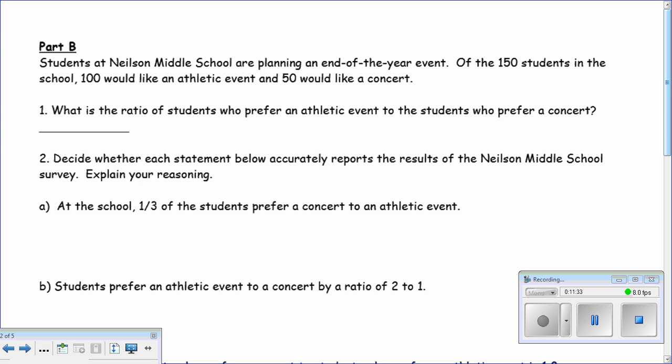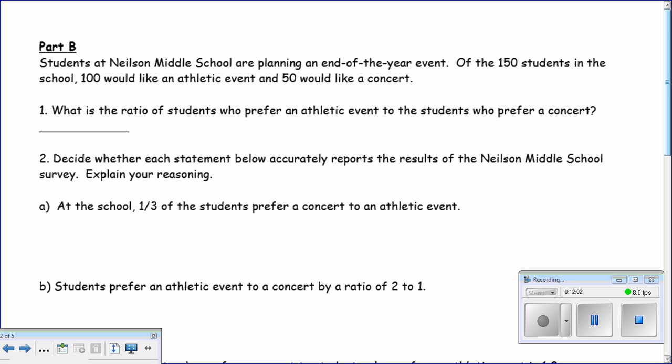How many preferred athletic and how many preferred a concert? The numbers are stated right above for us.